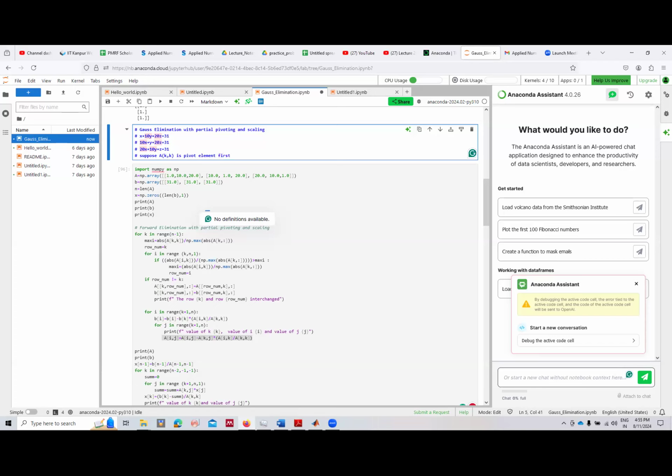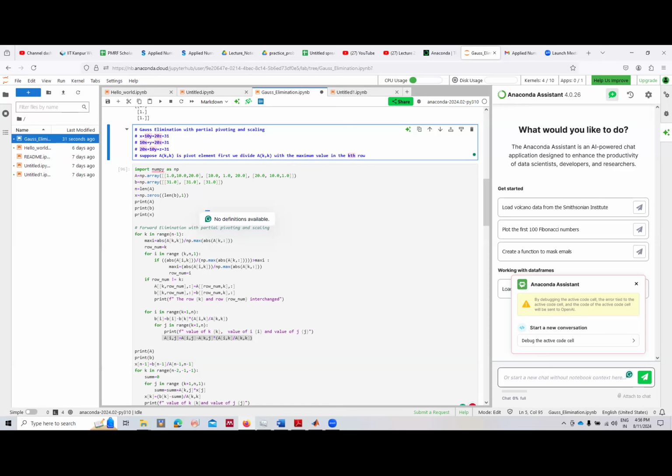First, we divide a_kk with the maximum value in the kth row.